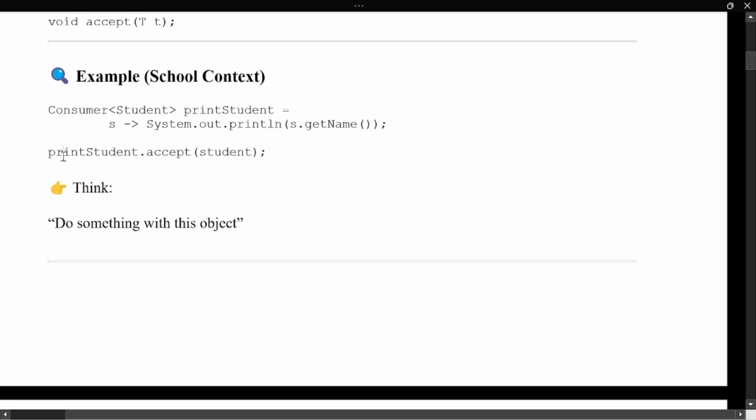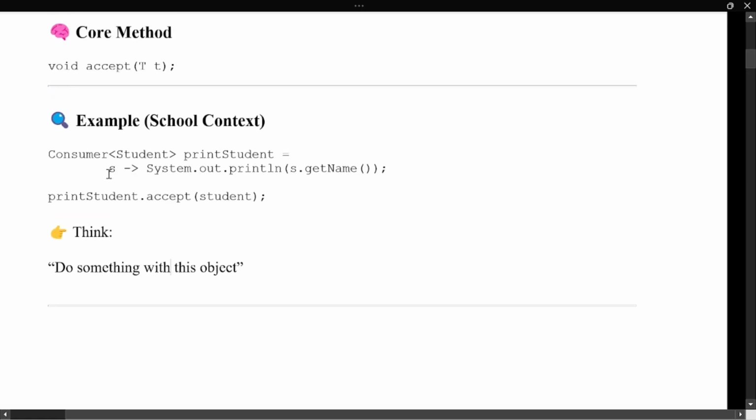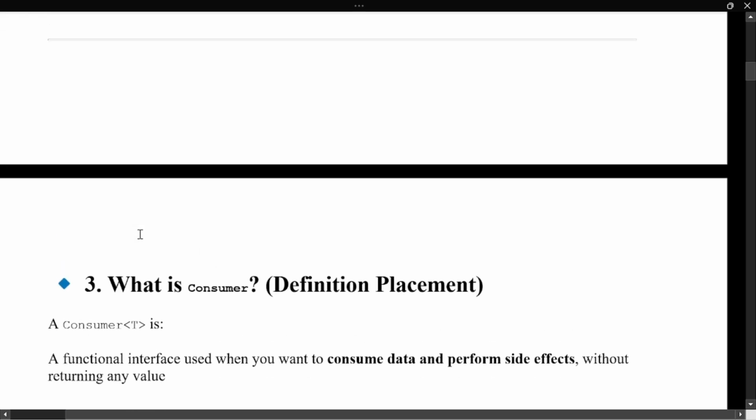After that we need to apply accept: printStudent.accept(student). If you think of it like this, do something with this object. So we are telling the Consumer that you need to do something with the object and don't return anything.